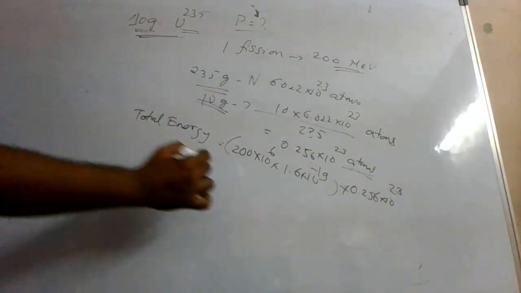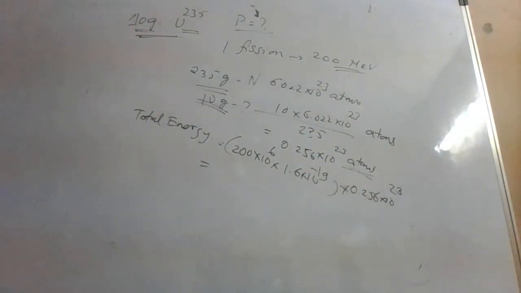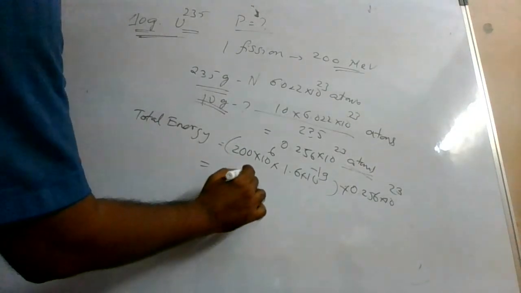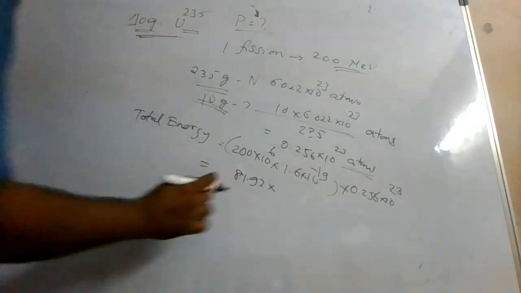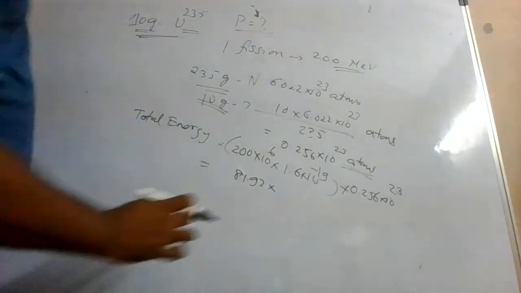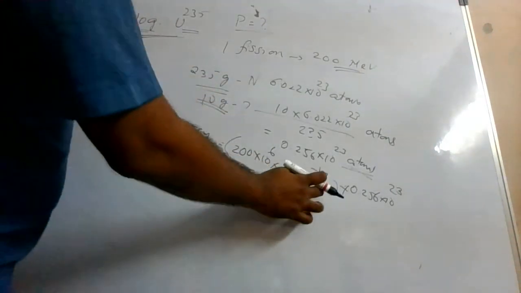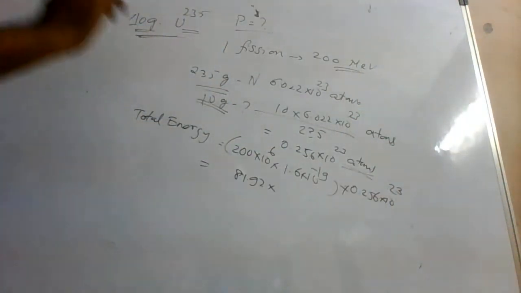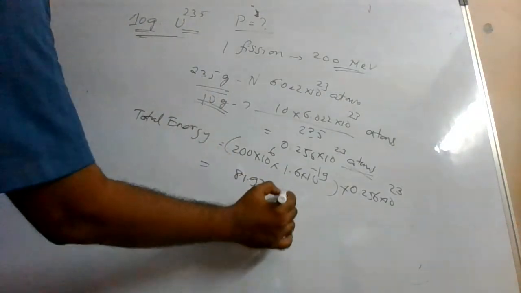Let us just calculate. 200 into 1.6 into 0.256 is 81.92. Let us check the powers of 10: 10 to the power of 6, minus 19, minus 13, 23, so minus 13 plus 23 gives 10 to the power of 10.